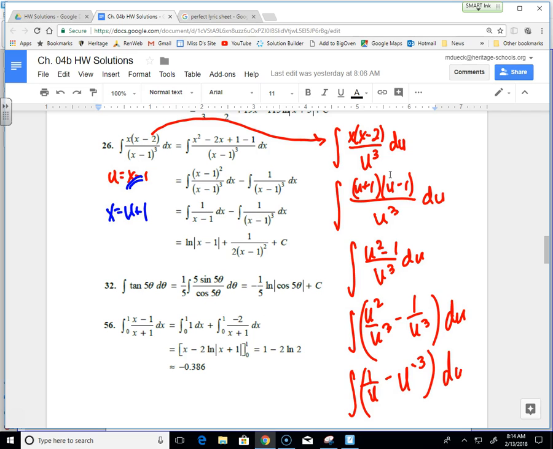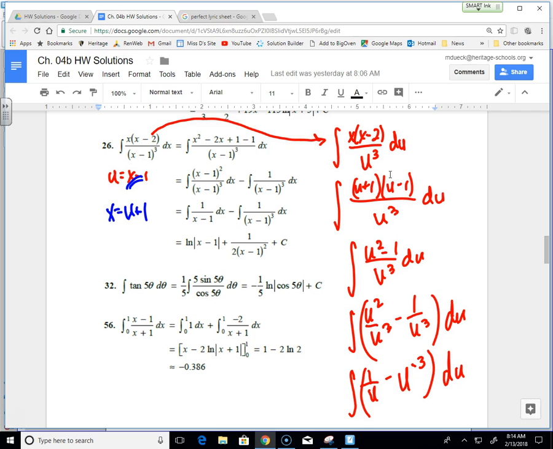Why did I rewrite this guy as negative 3, but I didn't rewrite this guy? Good. Who is this? ln of u. Good. ln of absolute value of u. And this one I have to use my power rule: u to the negative 2 divided by negative 2. Which is how we end up with the final answer once you plug in.